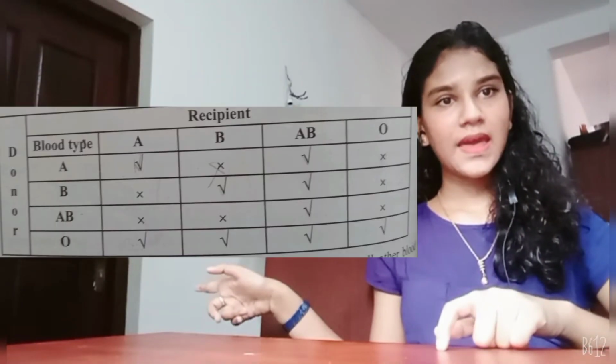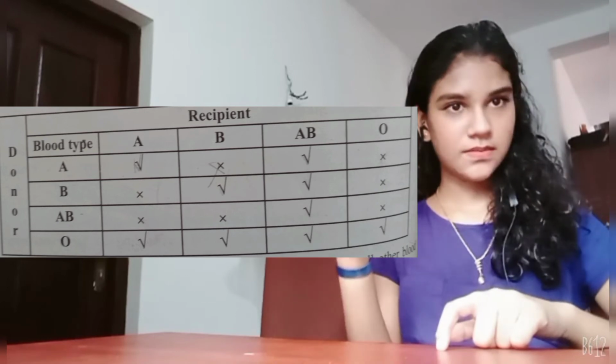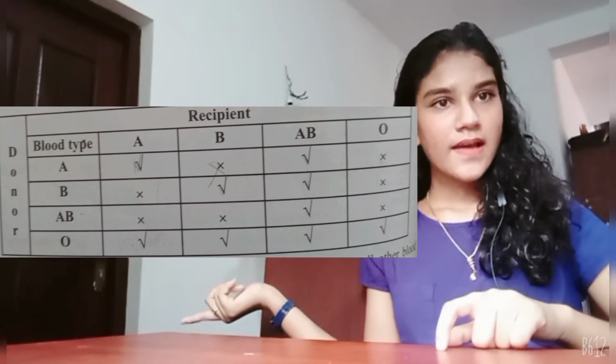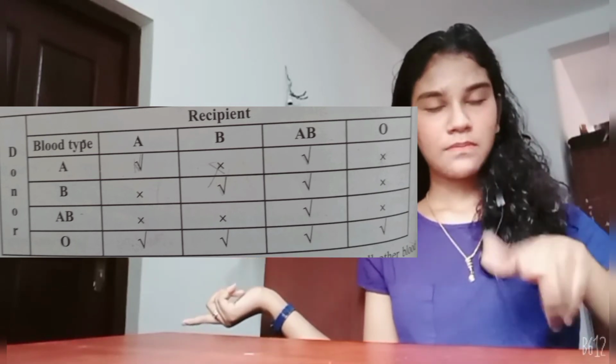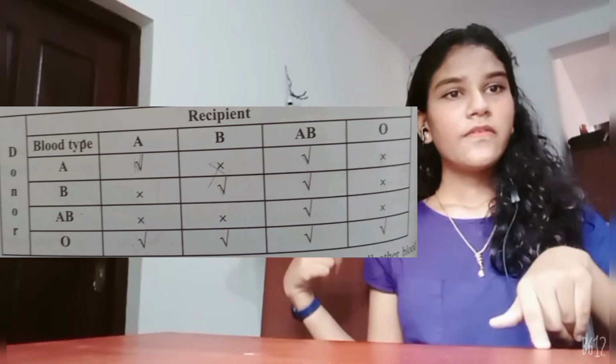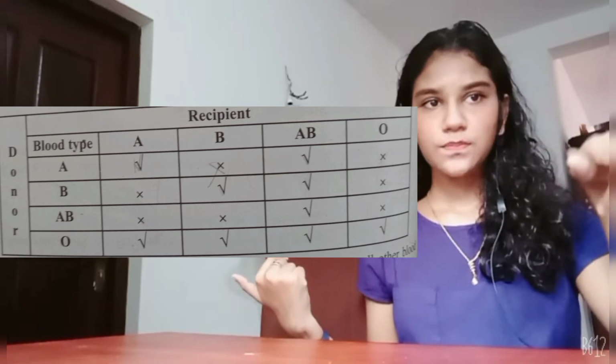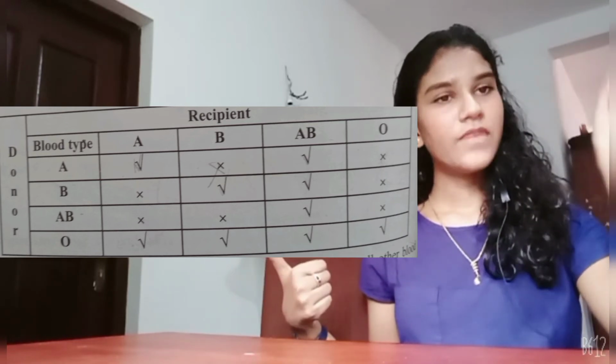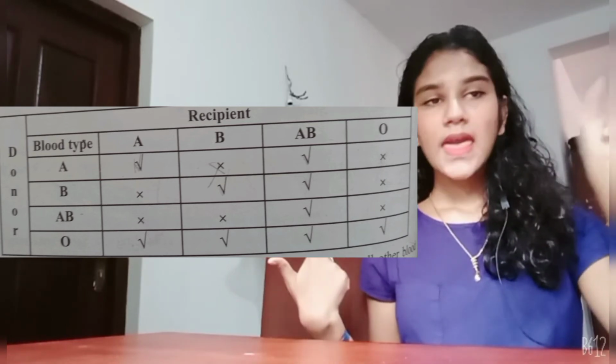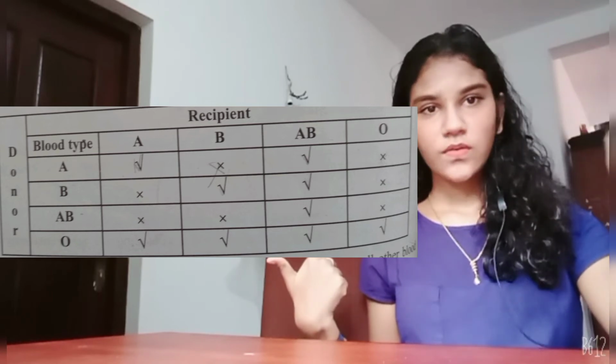So now let's see. You can see in this diagram, if we take the blood group A and the recipient A, it is possible. It means the donor has A blood, the recipient has A blood, we can donate that blood. If we take AB, it's not possible. AO, we cannot donate or receive that blood.